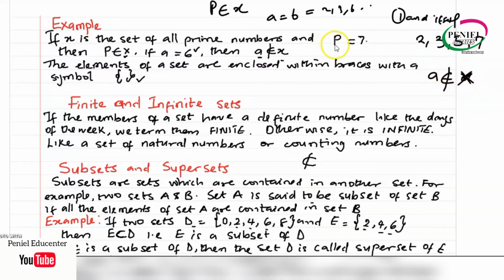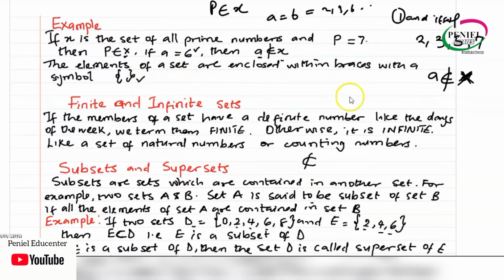Don't forget, you always write a set with a capital letter. So A does not belong to the set X, while most elements are written with small letters. The elements of a set are enclosed within braces.